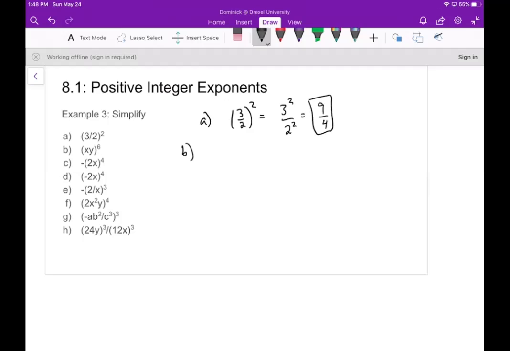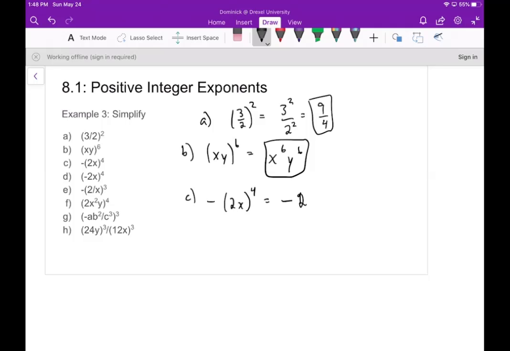Right? In part B, we have xy all to the 6. But this is x to the 6 times y to the 6. Right? Now part C and part D look very similar, right? With one subtle difference. In part C, you have the negative outside, so that negative is still going to be carried over.